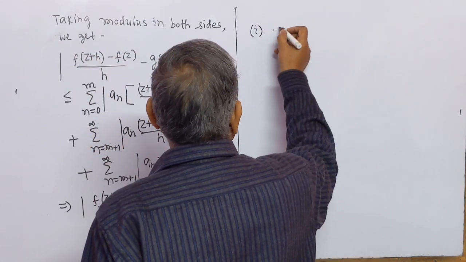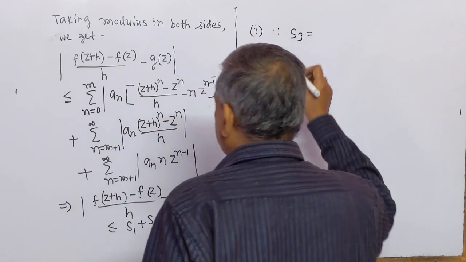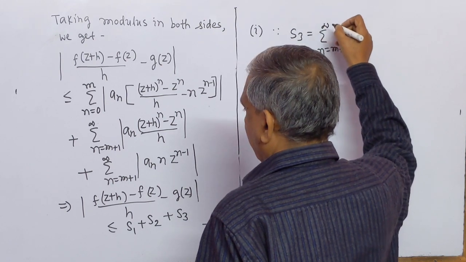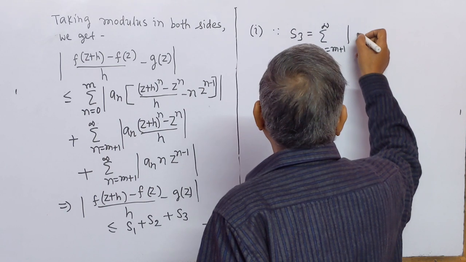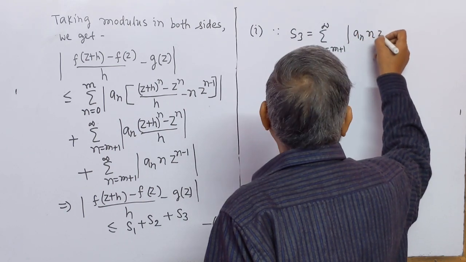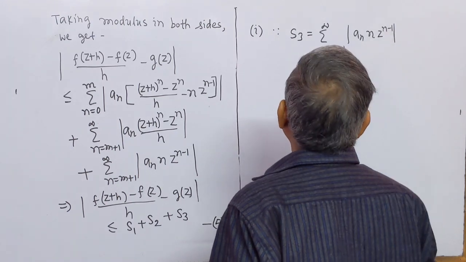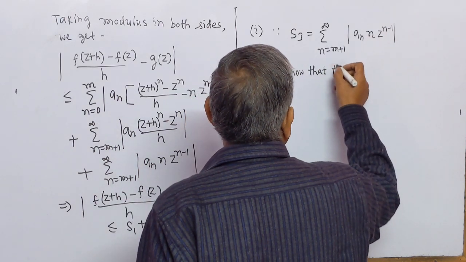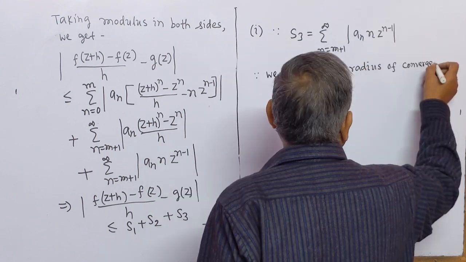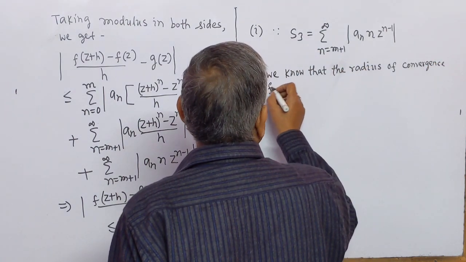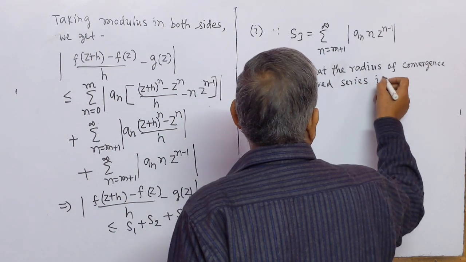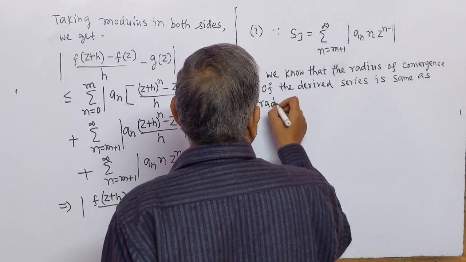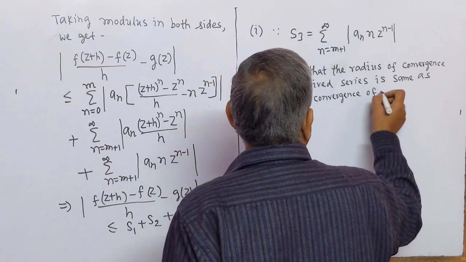Number 1. Since S3 equal to sigma n equal to m plus 1 to infinity modulus of a_n n z to the power n minus 1, we know that the radius of convergence of the derived series is the same as the radius of convergence of the original series.